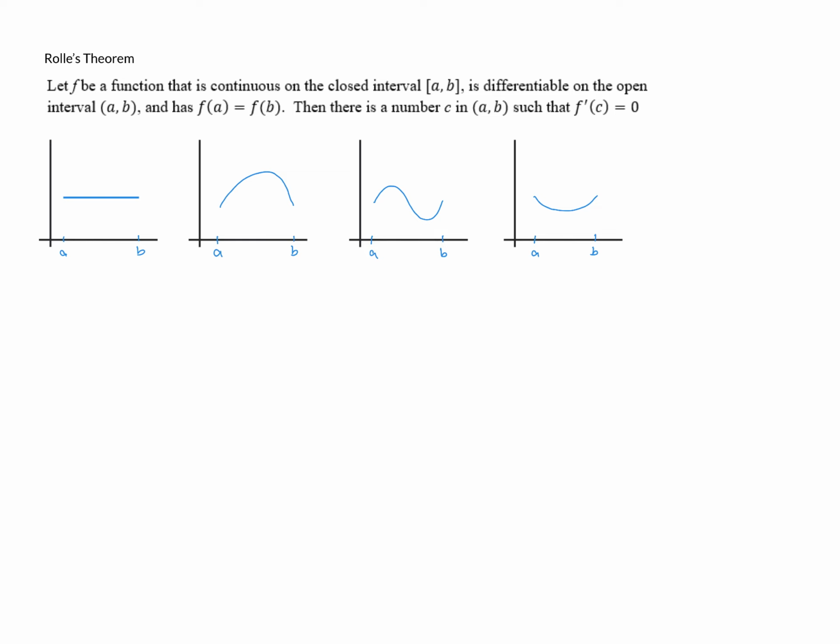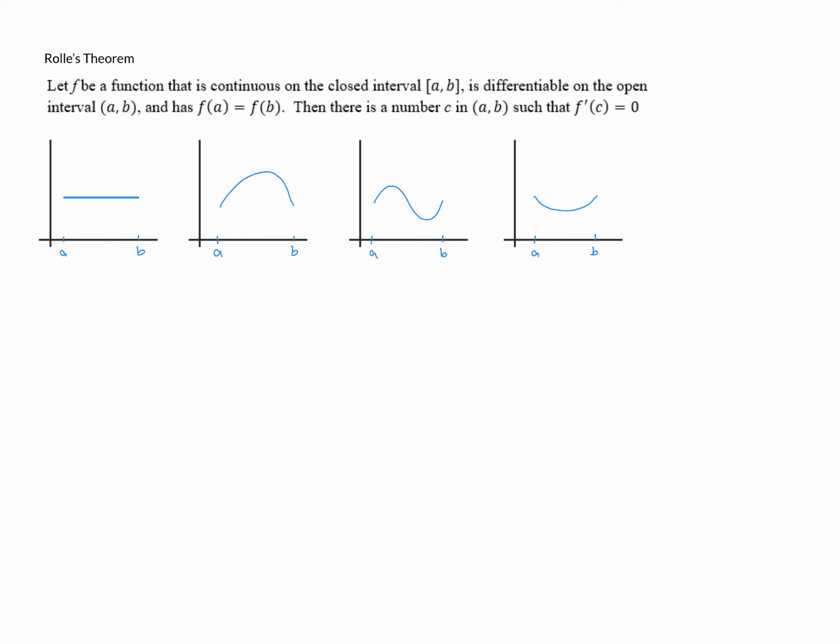What that means is that they don't have to be differentiable at the endpoints, which means the function doesn't have to be defined outside of that interval. It could be that these functions are defined even further, and they might be differentiable at the endpoints, but we don't require them to be, so the function doesn't have to continue in either direction after those endpoints.